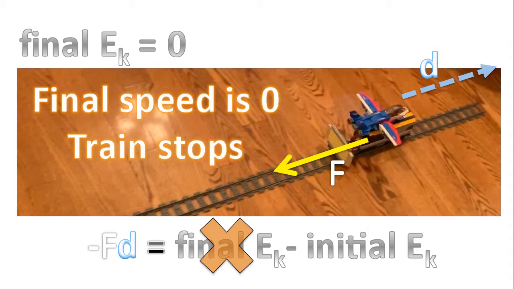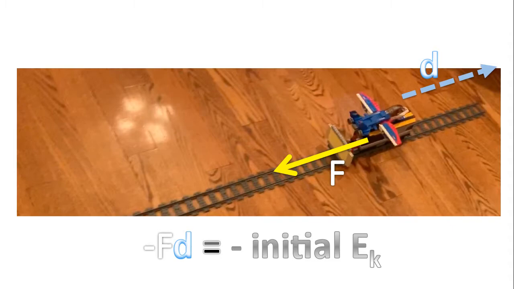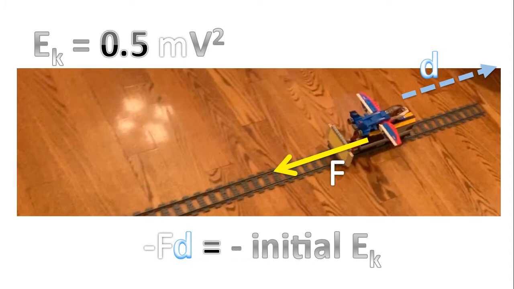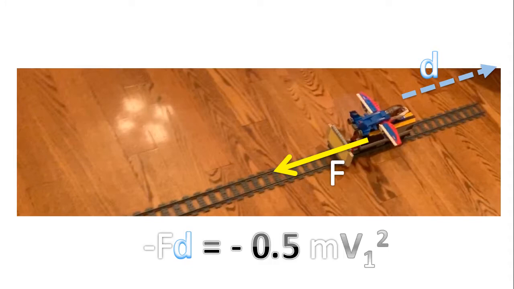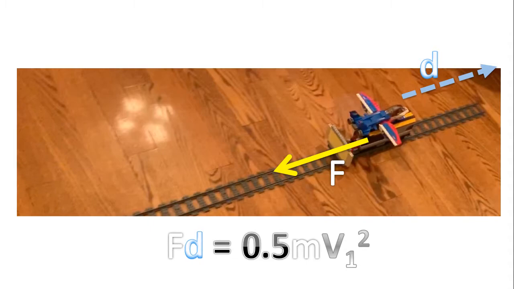The final speed is zero. Therefore, we have this statement here. Remember that kinetic energy is half mv squared, where m is the mass and v is the speed. And so we end up with this. And further simplifying, we end up with this final equation. Force times distance equals half mass times speed squared.